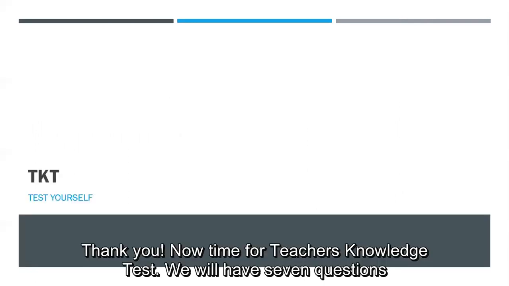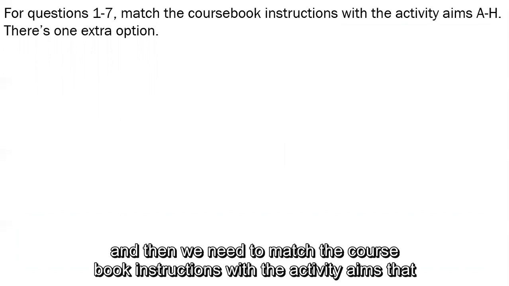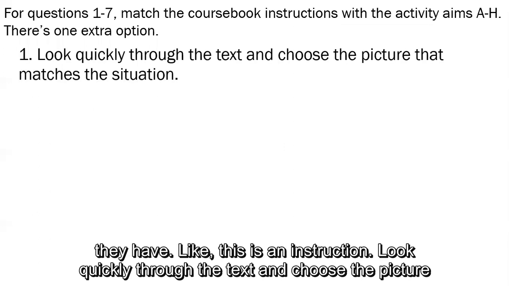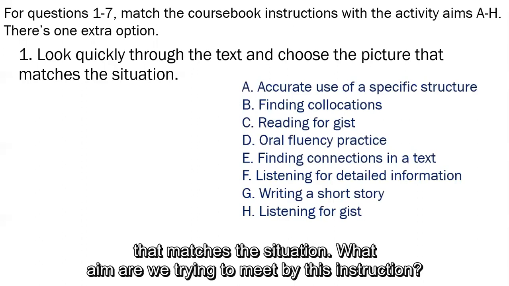Good. Now time for the teacher's knowledge test. Okay, we will have 7 questions, and we need to match the course book instructions with the activity aims that they have. Like this is an instruction: look quickly through the text and choose the picture that matches the situation. What aim are we trying to meet by this instruction?